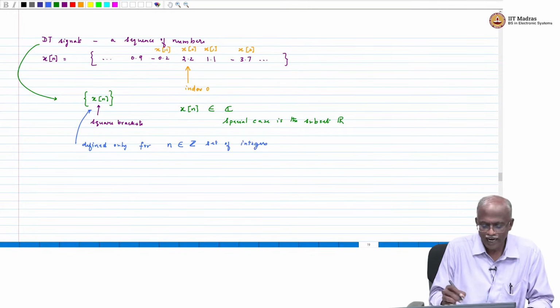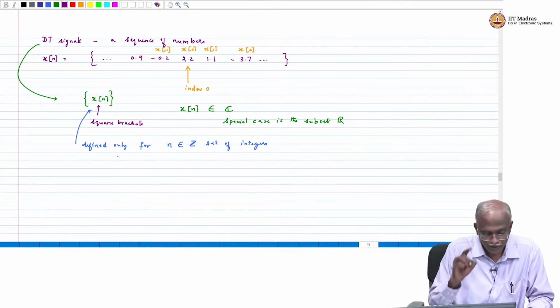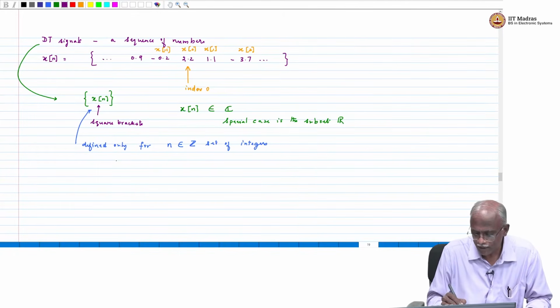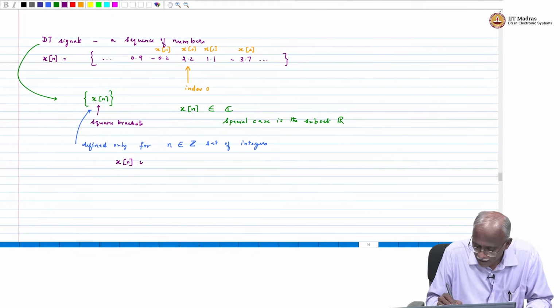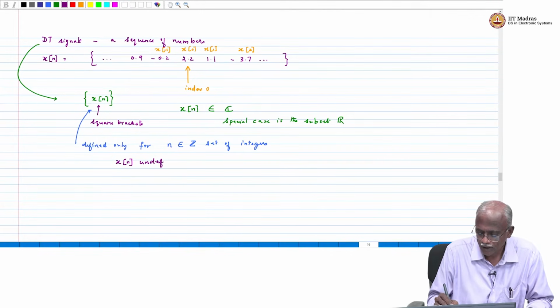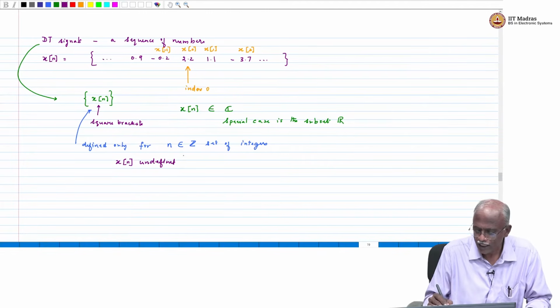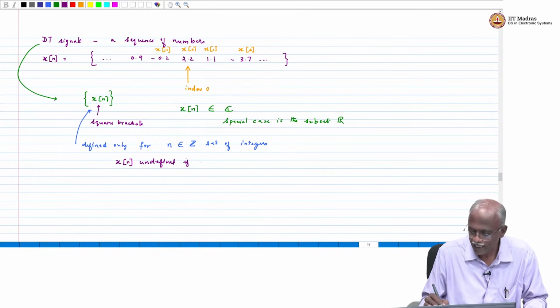And please make sure that we also emphasize that a discrete time signal x of n is undefined if n is not an element of Z, that is, for any value which is not an integer.